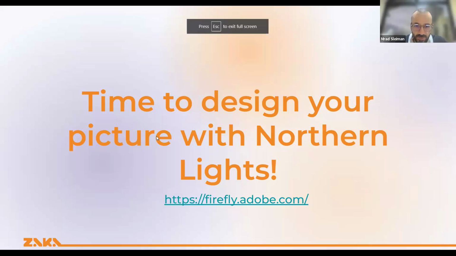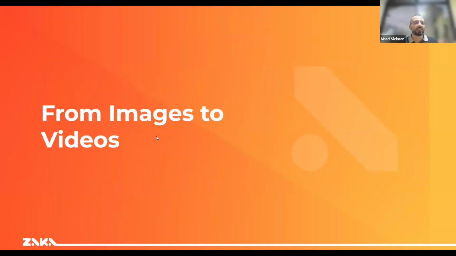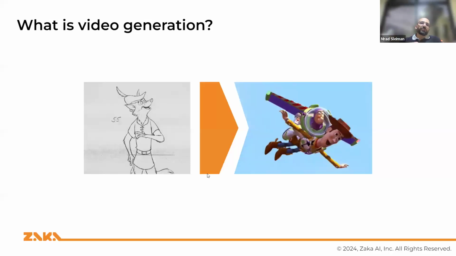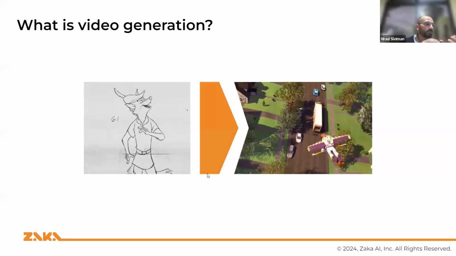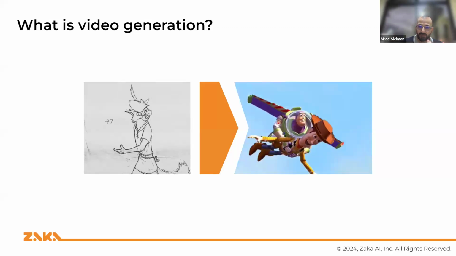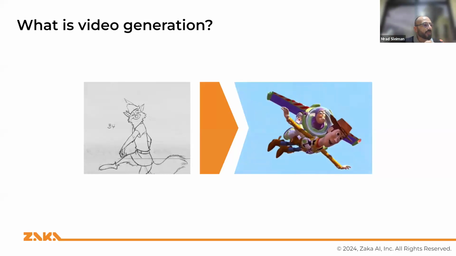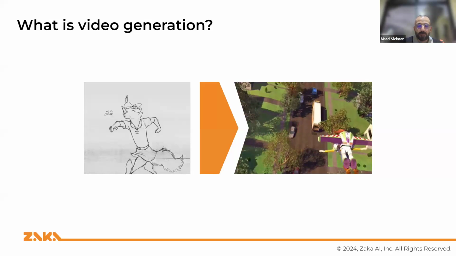All right, so now from images, guys, to videos. Okay, now I'm gonna talk about video generation. So, you know, what is video generation? Video generation could be done using a recording device to capture real life events.